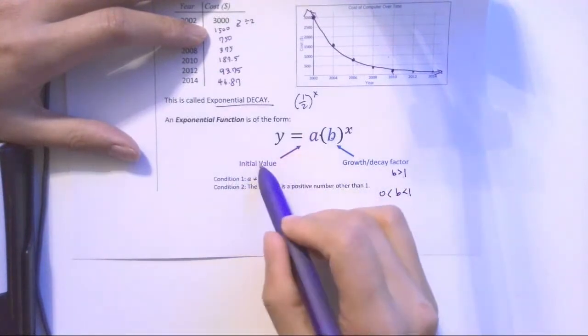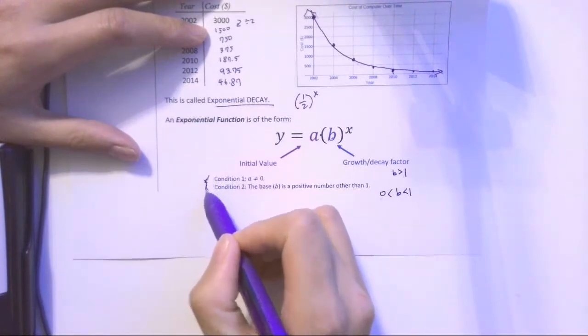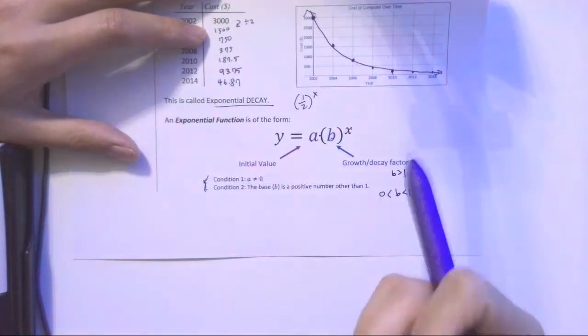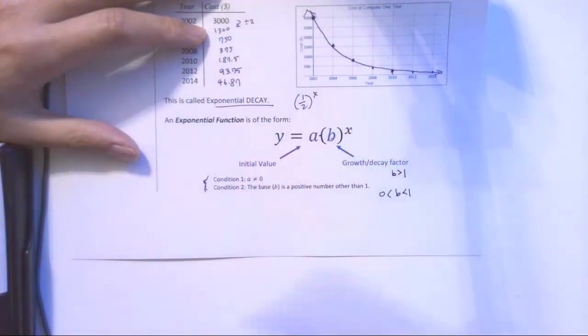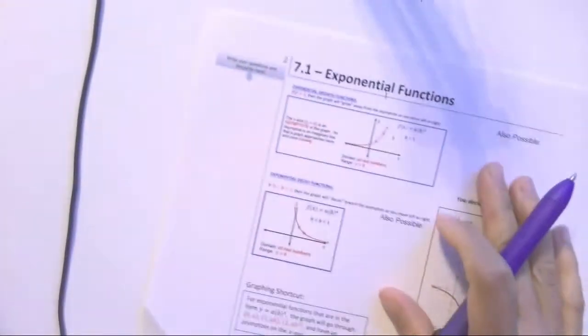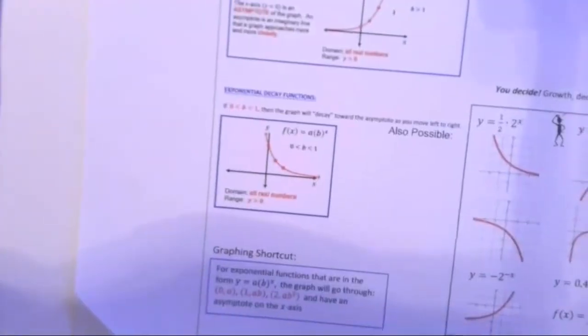A is the initial value, and a cannot be equal to 0. I feel like when I learned this in high school, I kind of ignored these conditions. But as I learned this more in college, they became very important for me to recognize. So that's the exponential function. Now, let's look at what's happening. I'm going to zoom in a little bit so you can see it better.